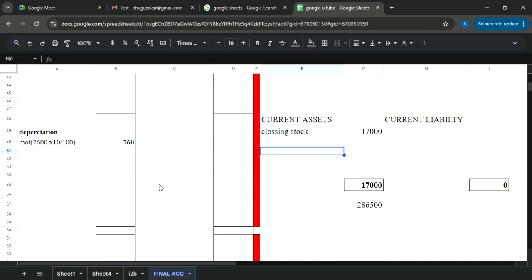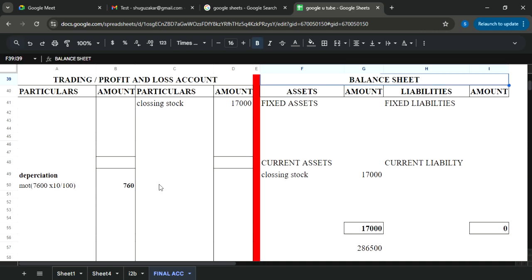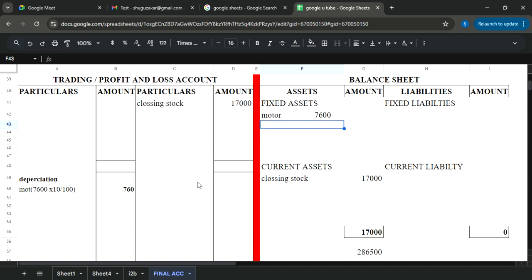In a similar way, its second effect would be in fixed assets, where you will write your value of motor, which was 7600, and you will subtract your depreciation that was calculated, 760.